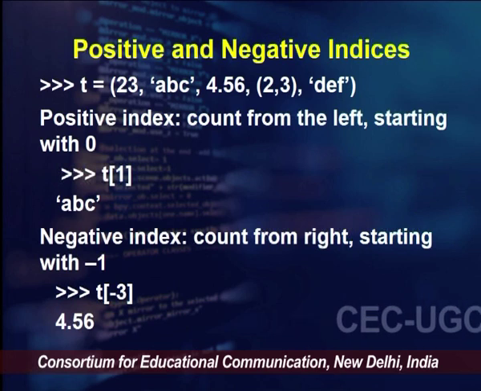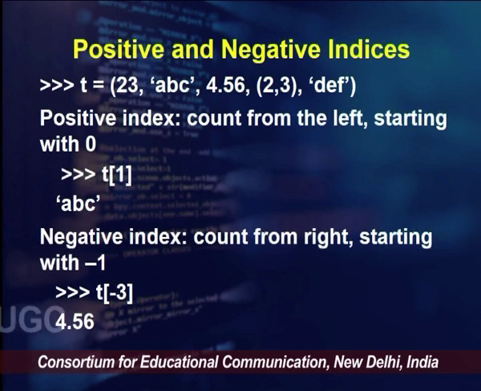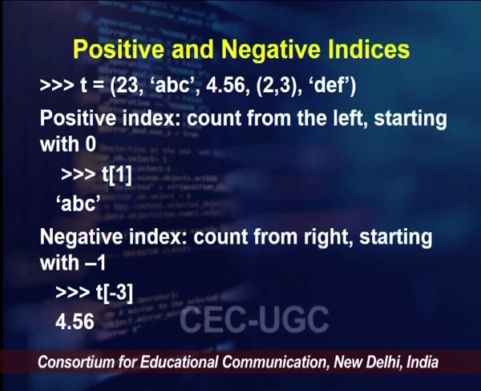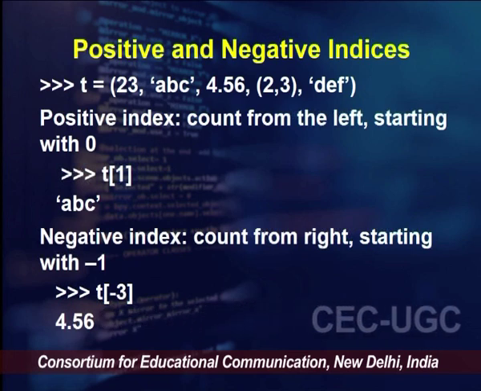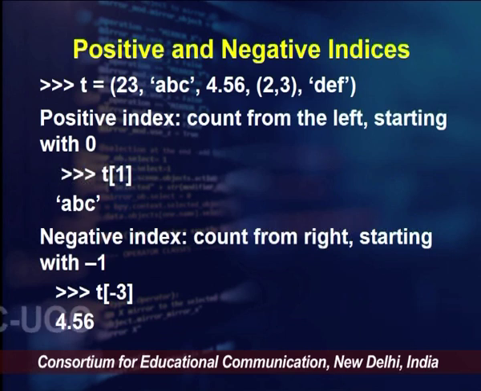So, we understand that when you count from 0, it is going to give you the positive index. So, you are going to count from the left starting with the 0. But if you give a negative index, then it is going to count from right starting with -1.